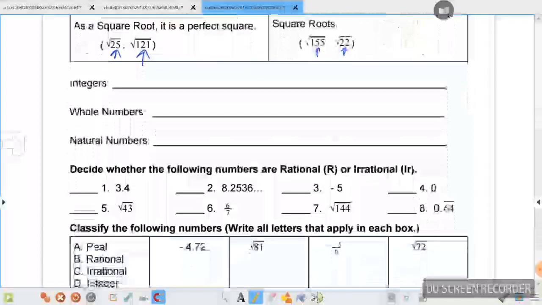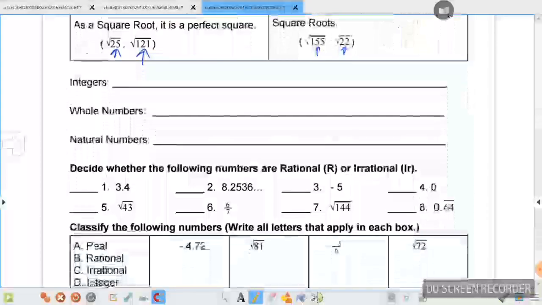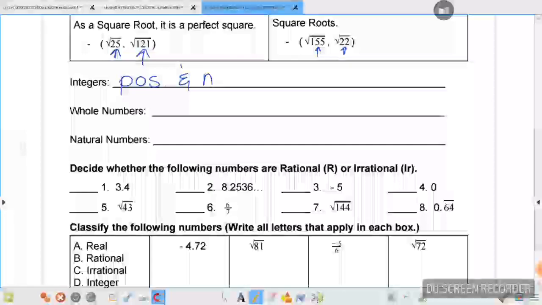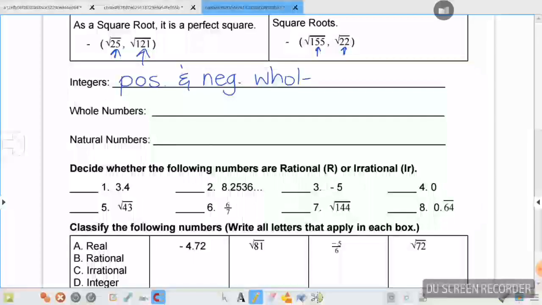Okay. Integers are positive and negative whole numbers, including 0.